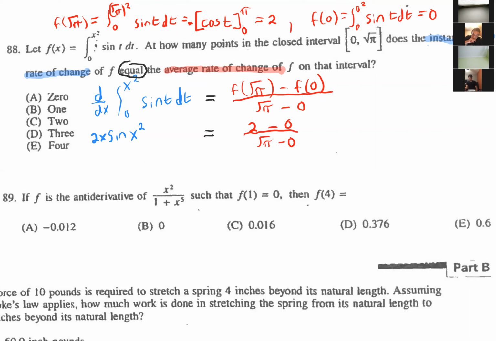Okay, so now I am going to write this as 2x sine of x squared equals 2 over square root of pi.